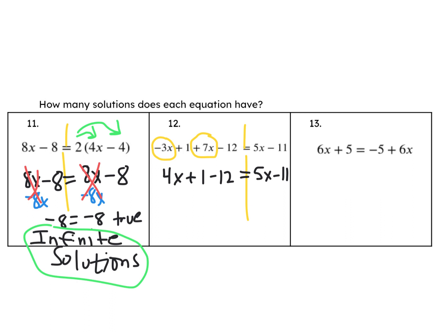And I also see that we can combine right here, same like terms on the same side. So 1 minus 12 is negative 11. So this simplifies to 4x minus 11 equals 5x minus 11.